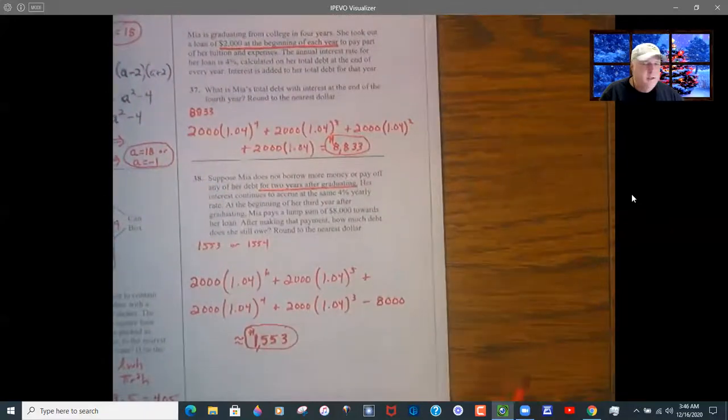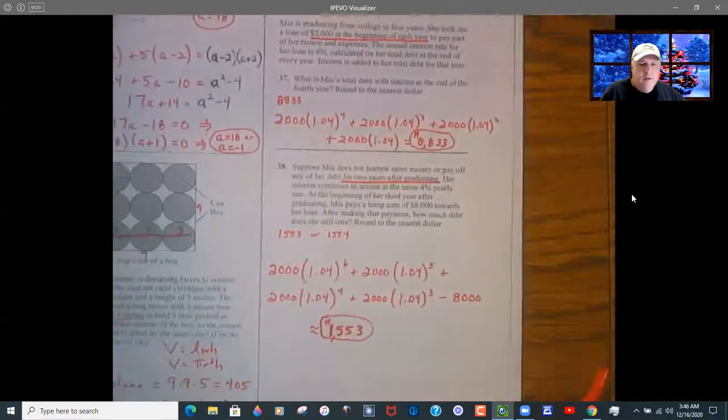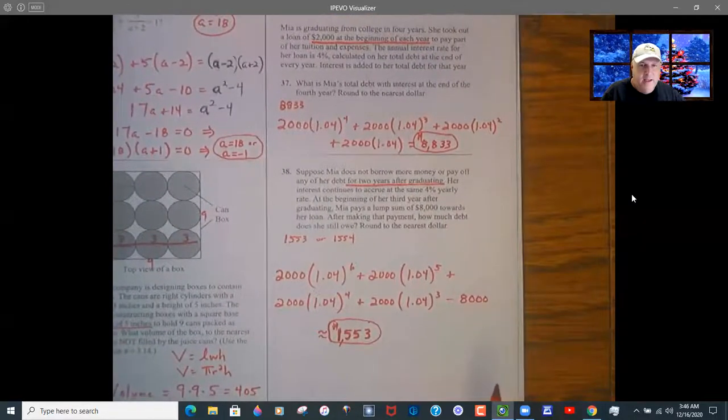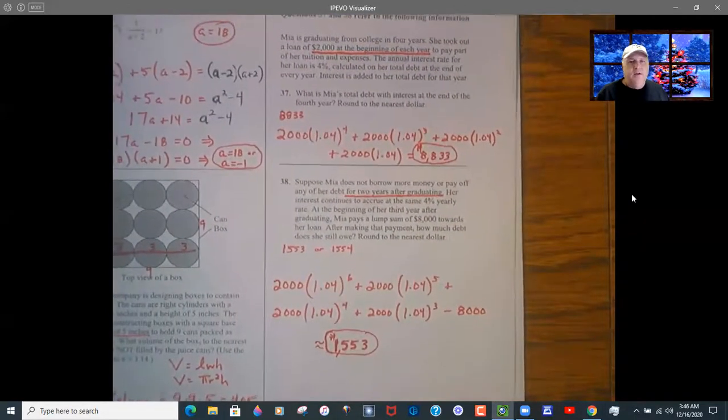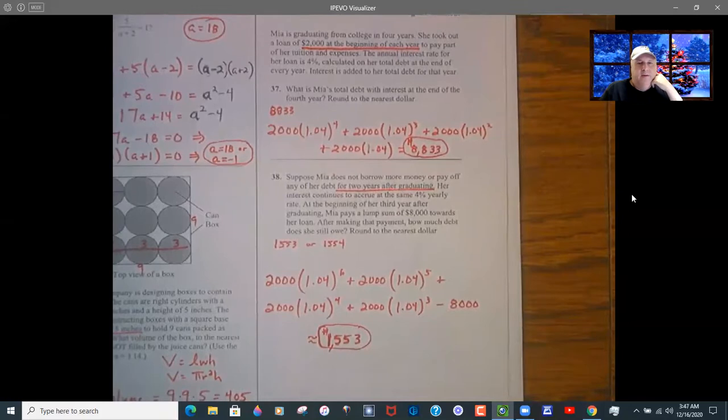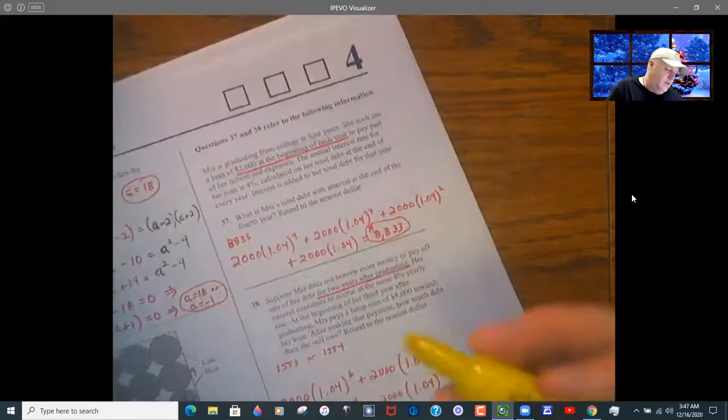Questions 37 and 38 are crazy questions, and you have to understand the concept of this loan, actually several loans. She took out a loan of $2,000 at the beginning of each year, and this is really important that you understand.